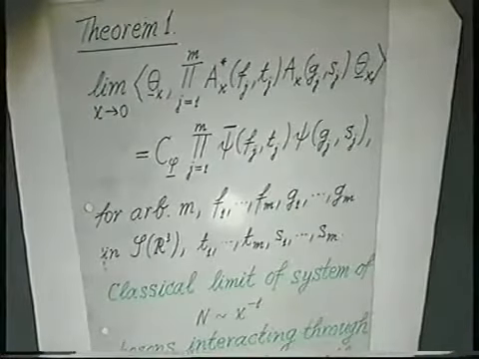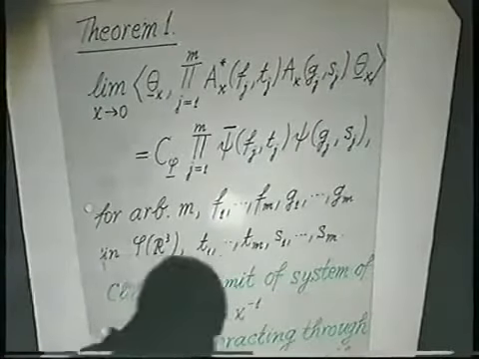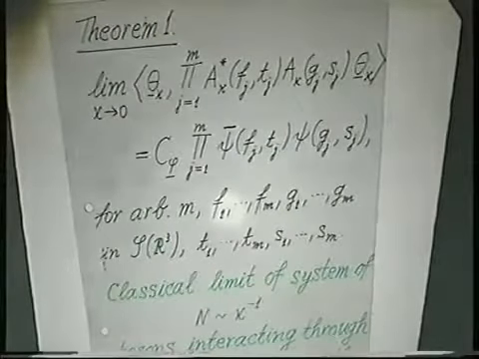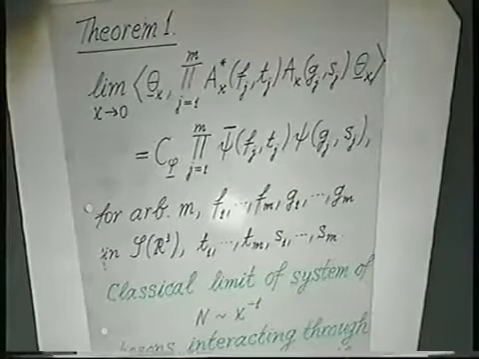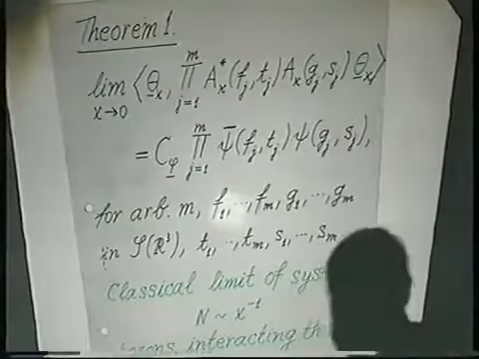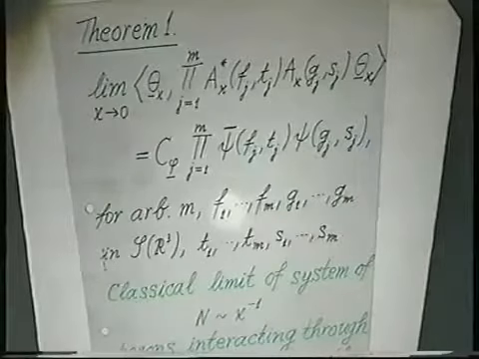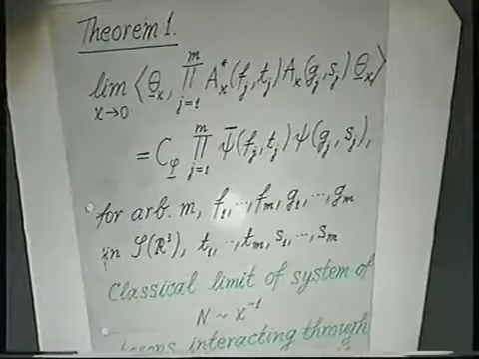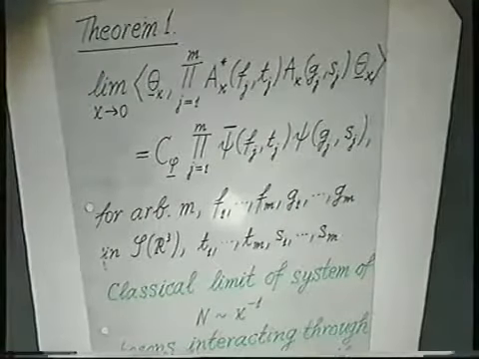So in other words, systems of many, many bosons with very weak two-body interactions have Green's functions that are completely described by solutions of the nonlinear Hartree equation. Or in other words, the dynamics of such a quantum system in the limit of very weak two-body forces is described by classical Hamiltonian dynamics as given by the nonlinear Hartree equation.